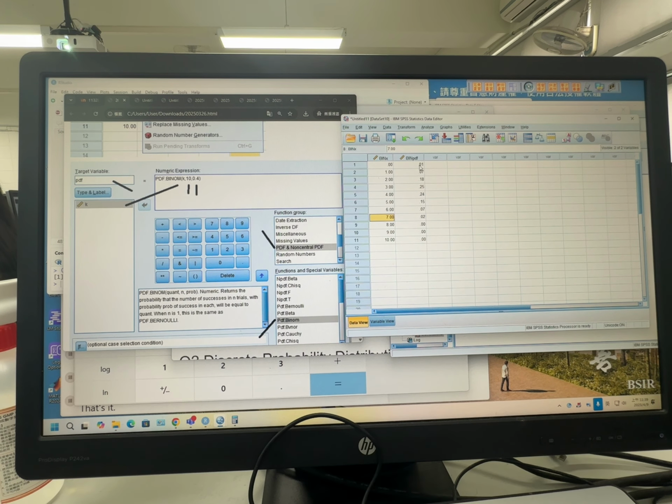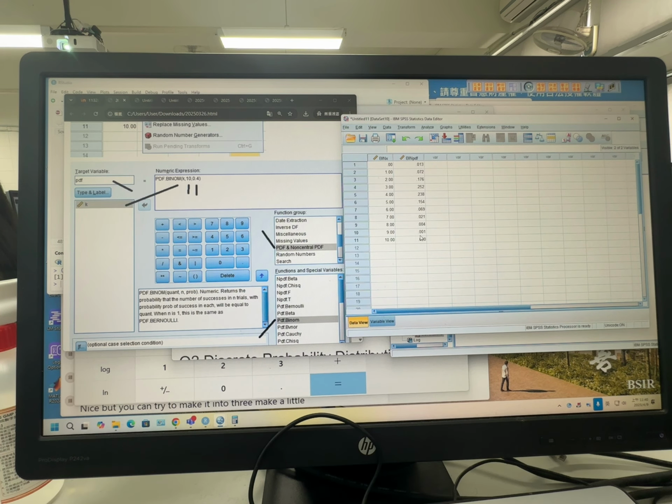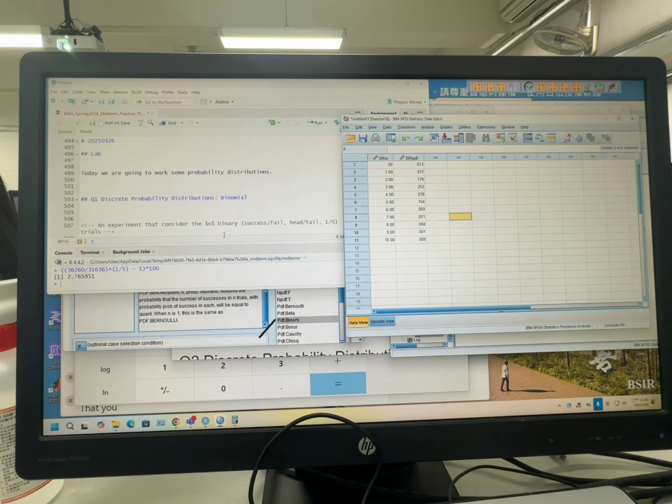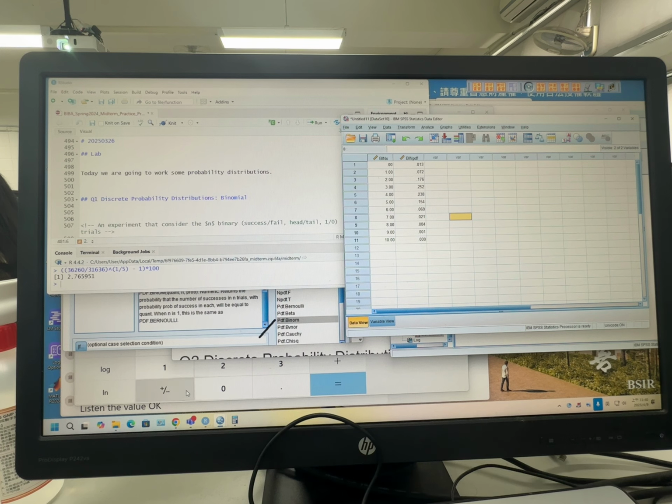Then you can get the probability accordingly. This is a 2-digit output. Look at how nice. But you can try to make it into 3 digits, a little bit longer, to see some values really happen. In 2 digits you see 0, which seems to be okay, but not so good. A 3-digit output gets you more reasonable values. Okay. So what does this mean?